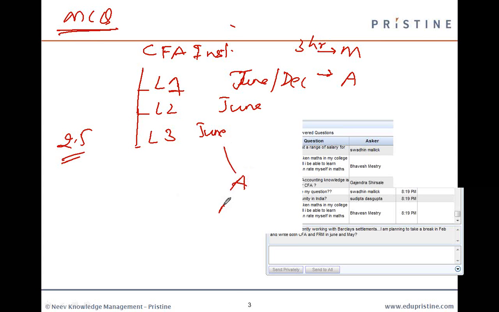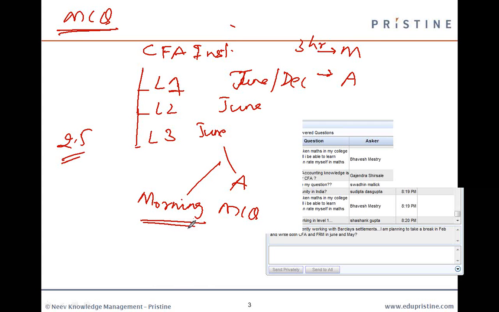The afternoon session is also multiple choice questions, but the morning session is subjective, which means you have to carry your pen and pencil, and there will be use cases provided to you. You have to write corresponding answers. So except for that, level 1 morning and afternoon, level 2 morning and afternoon, and level 3 afternoon are all multiple choice questions.